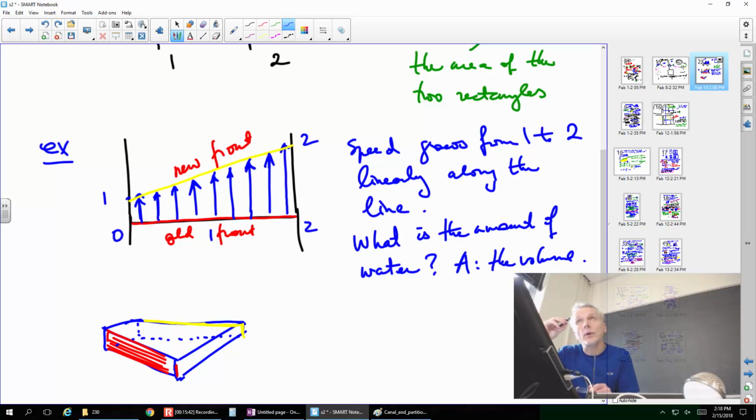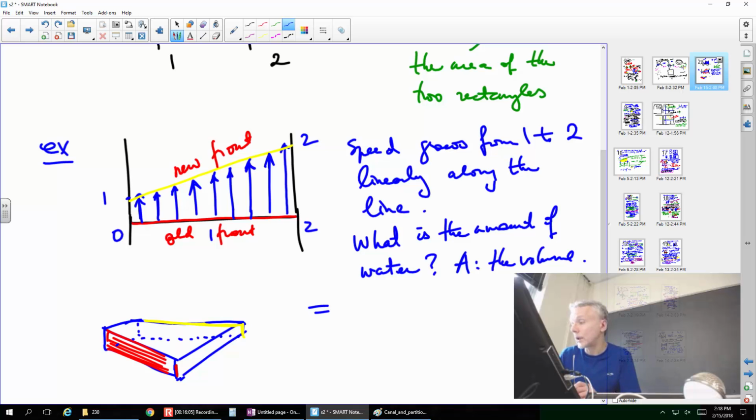If you know how we compute volumes of prisms, we actually did it. Remember how we computed volumes by cross sections? Volumes by cross sections. So let's cross like this.